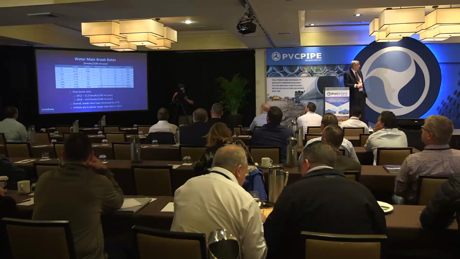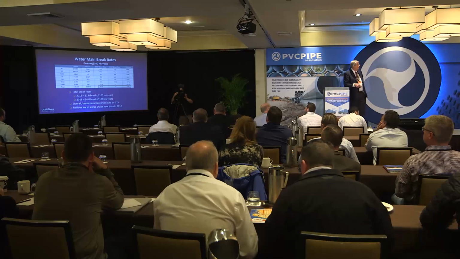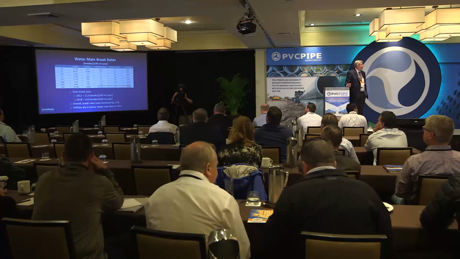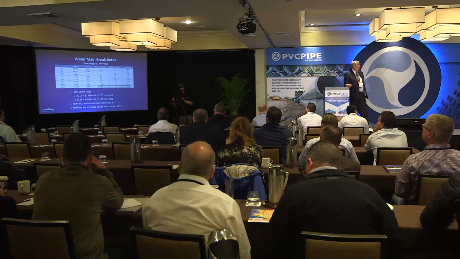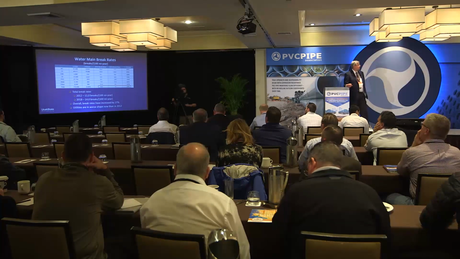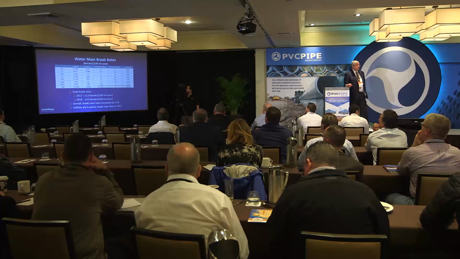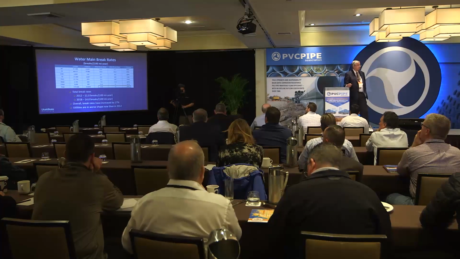And one thing that's really important to point out, overall, we went from 11 breaks per 100 miles per year in 2012 to 14 breaks per 100 miles per year. Overall, break rates went up 27%.